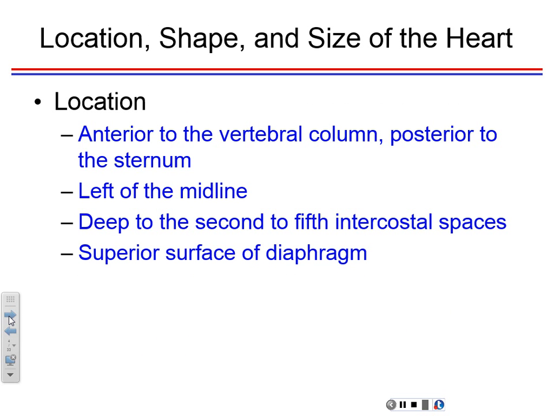But one of the big reasons it feels so much like it's way on the left is that the apex of the ventricles points towards the left. And the ventricles are the bigger and stronger muscles of the heart. So you really feel the heartbeat on your left side, even though it's only sort of to the left of the midline.